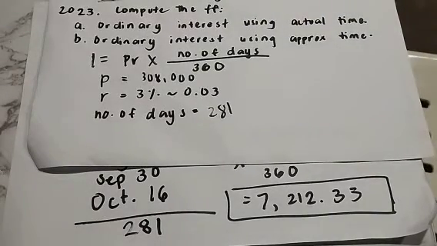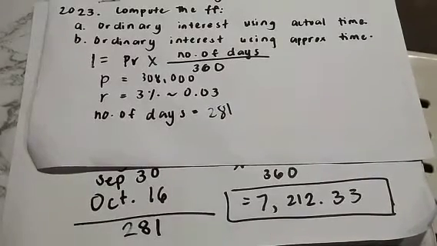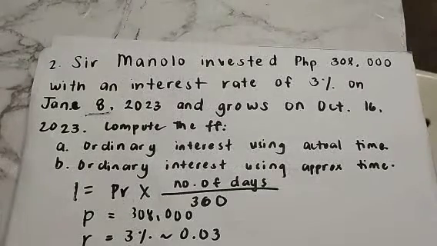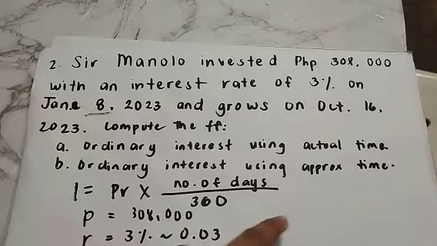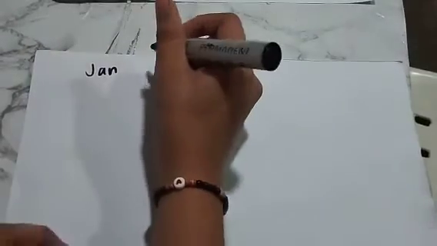So yung ordinary interest using actual time ay 7,212.33. Next, kukunin naman natin yung ordinary interest ulit using approximate time naman. Since nakuha na natin yung given kanina, number of days na lang ang kukunin natin. Let's start with January from October 16.